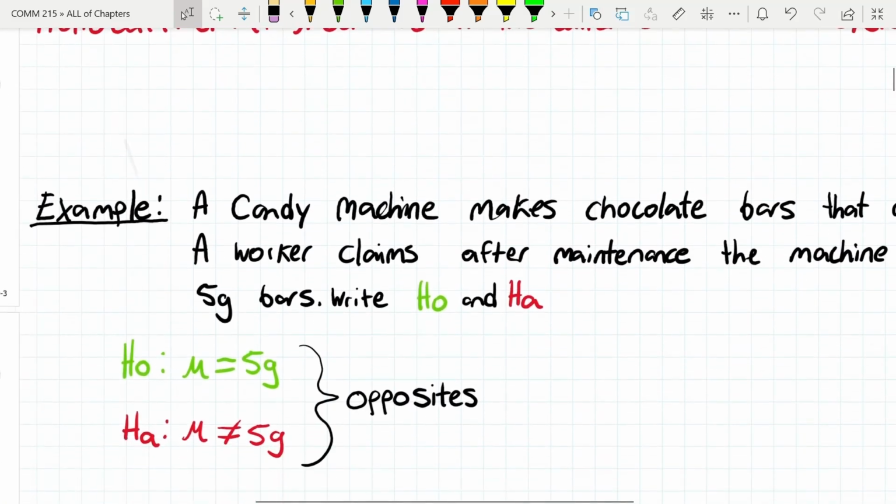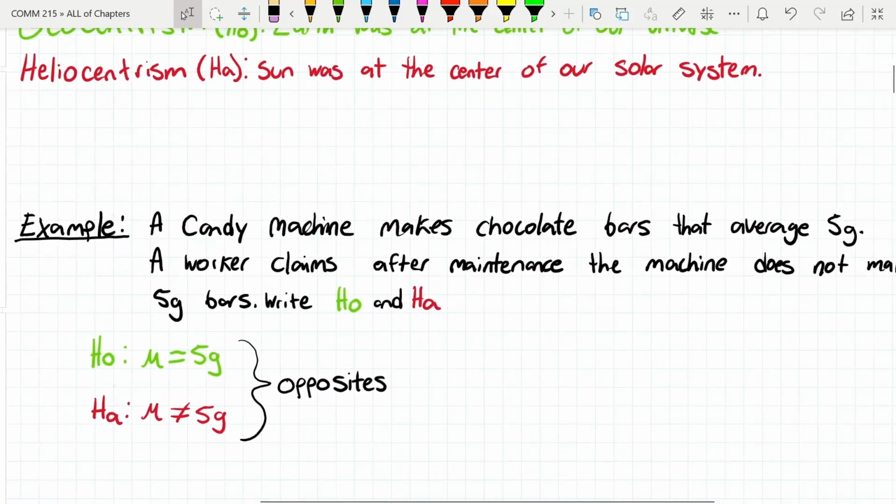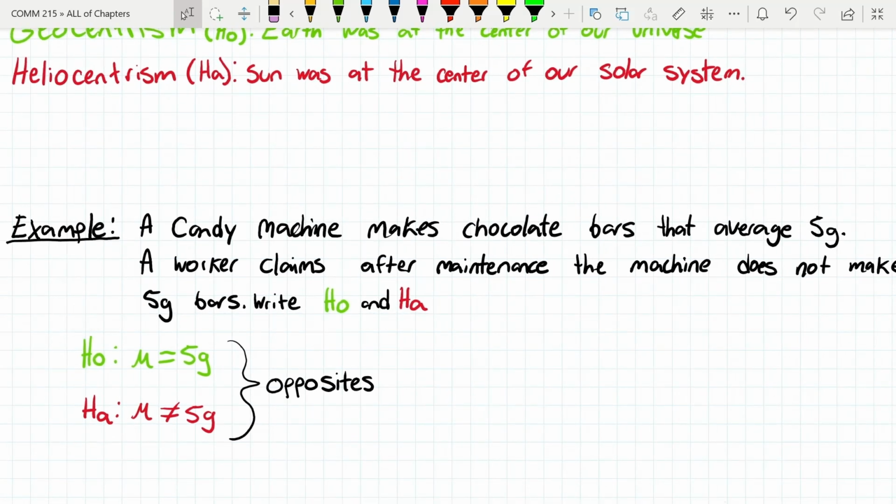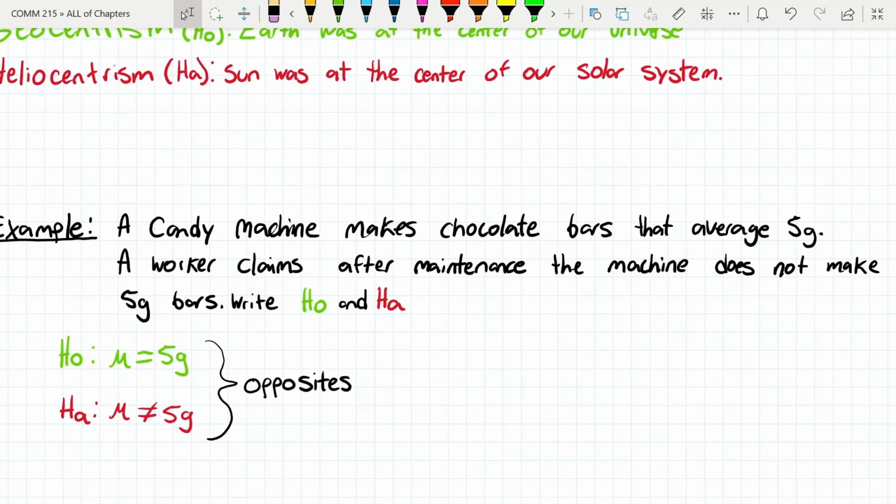So I'll give another example using numbers, and this will apply more to the problems that we'll see in the future. A candy machine makes chocolate bars that average 5 grams. A worker claims after maintenance the machine no longer makes 5-gram bars. So write H0 and HA.